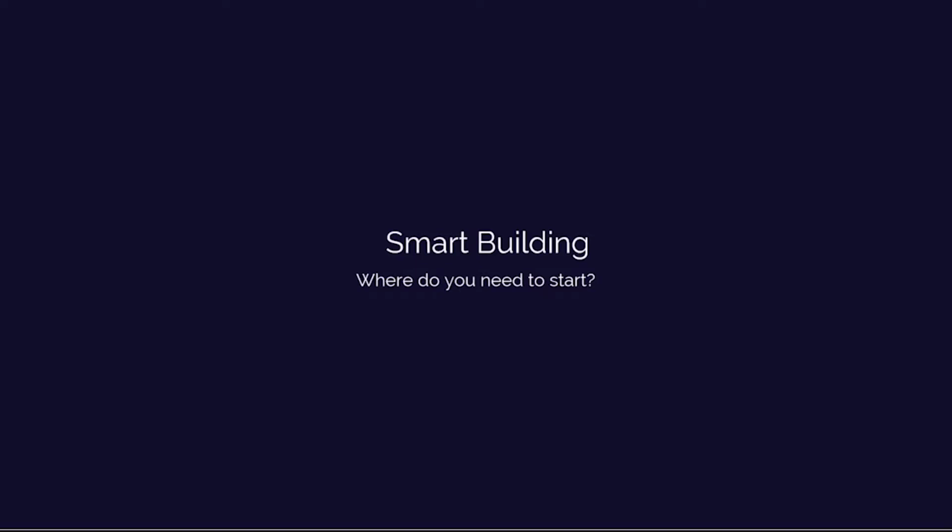So, okay, where do we need to start? That's basically the question, isn't it? Start with what you want to achieve, but also how many devices you want to connect. How important is safety for your building? In what environment is your building located? This might sound strange, but it isn't.